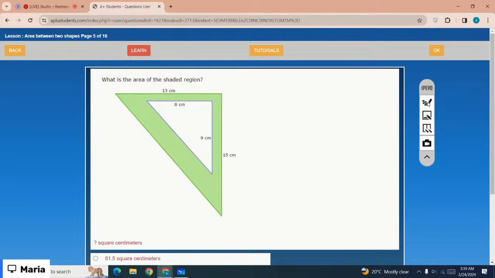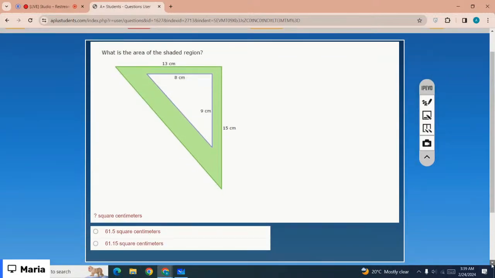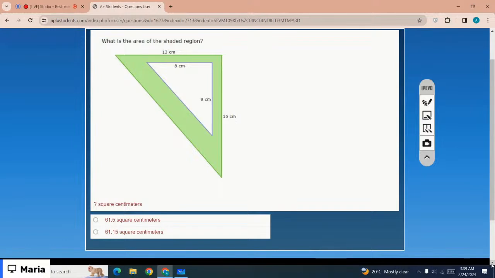You can do the calculations on your own. So, which is the correct option? The correct option is 61.5, right?